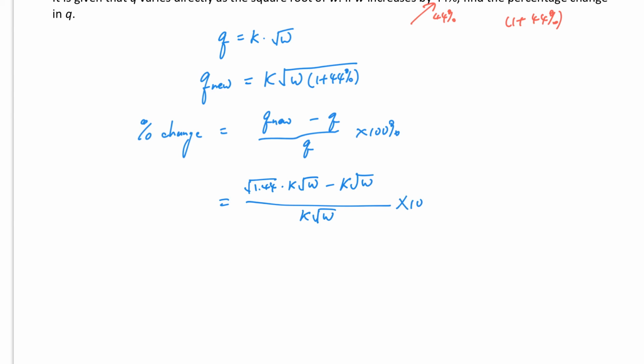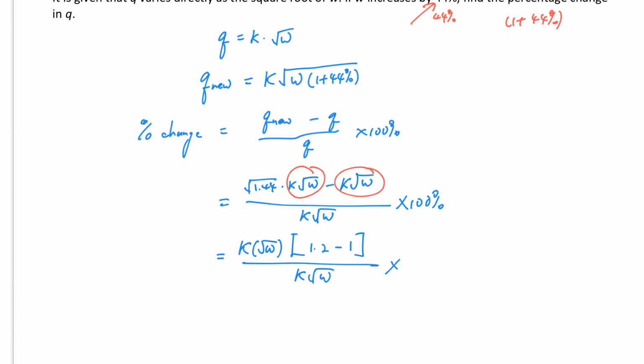Substitute the original values, and then you can take out k times square root w. So you can take this square root out, remain 1.2 minus 1 over k times square root of w times 100%. So the answer is 20%. So the conclusion is Q increases by 20%.